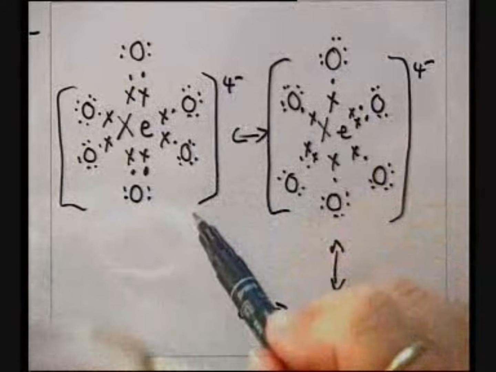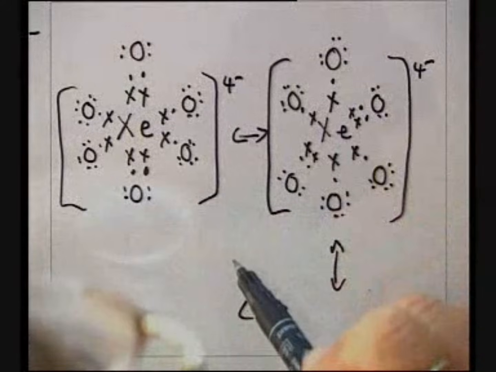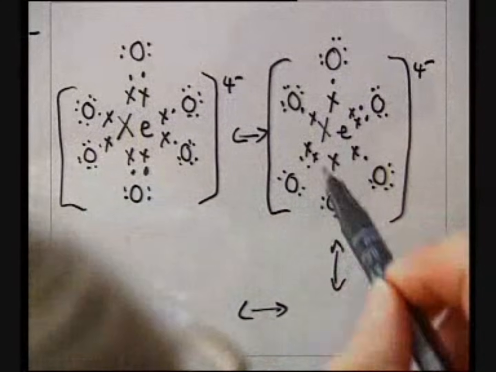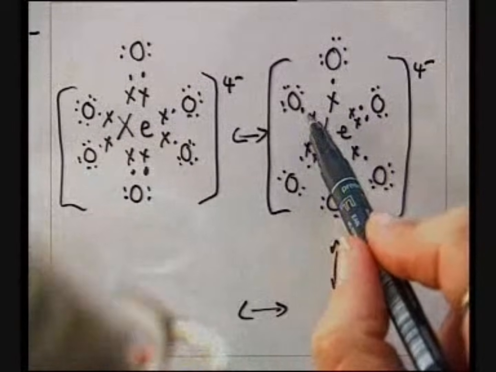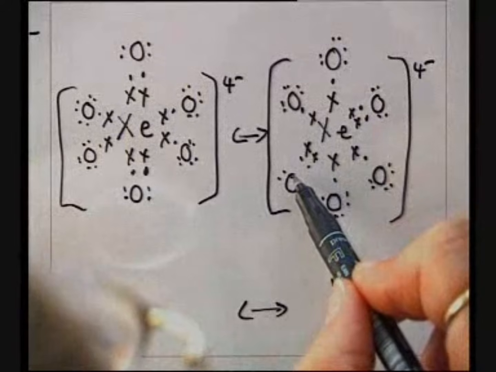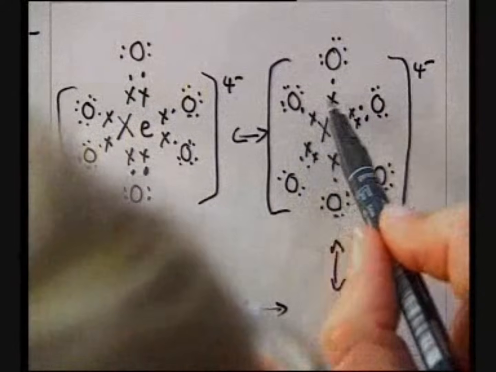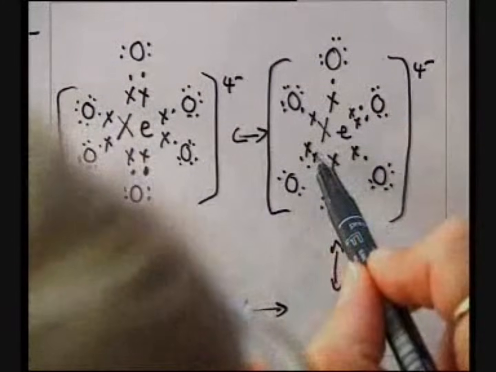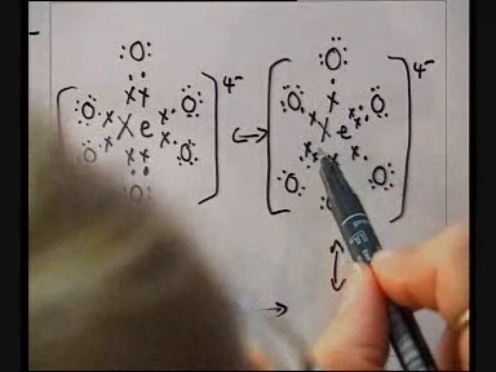The average of all the resonance structures will represent the molecule. All the bonds will have the same nature. They will not have single bond or double bond character. The nature will be something in between. There is just one correct molecular geometry for the molecule.